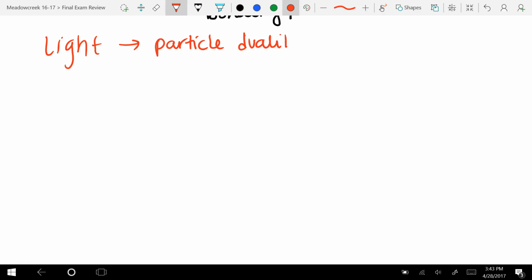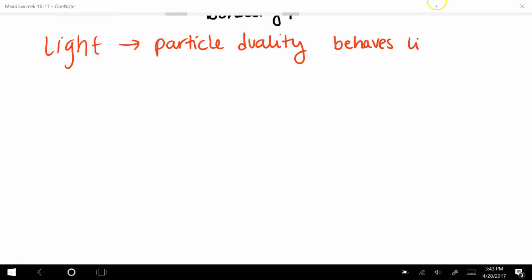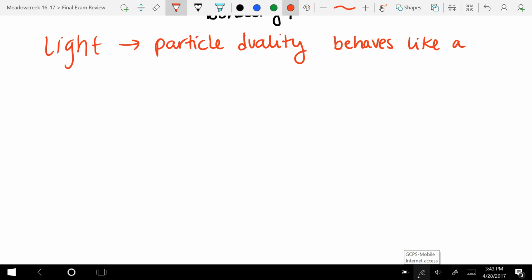Now, in particle duality, dual means 2, and this is because it behaves like a particle and a wave at the same time.